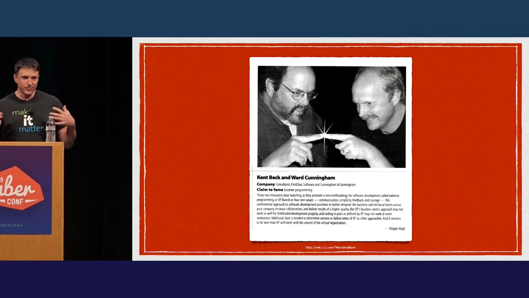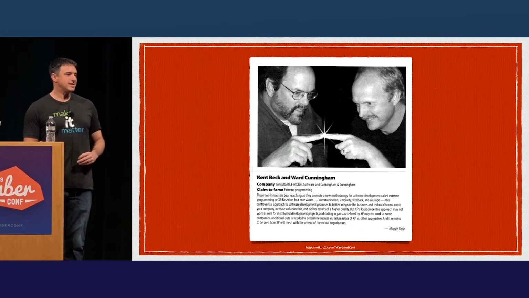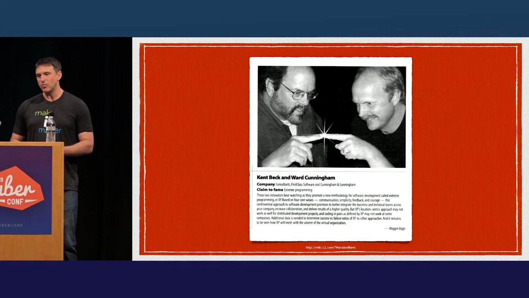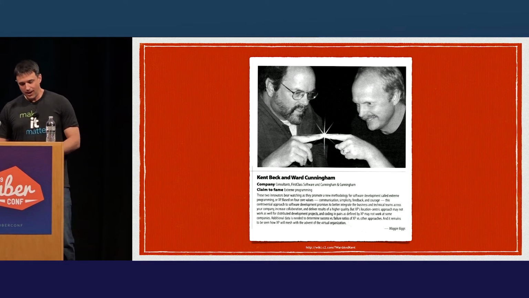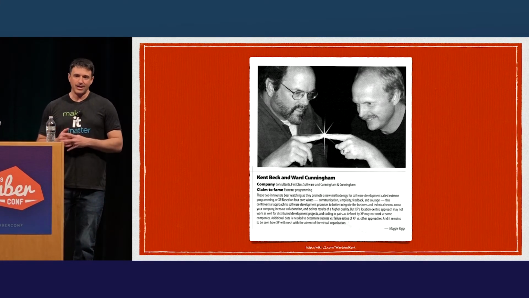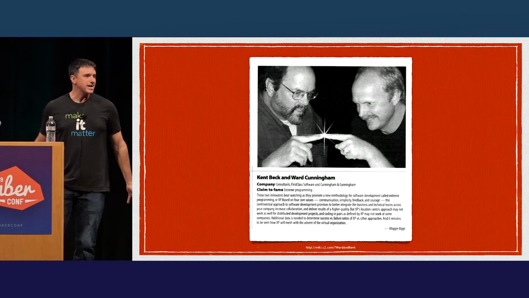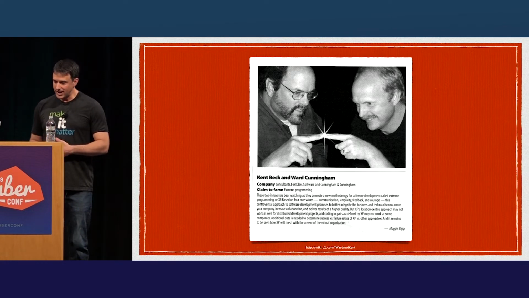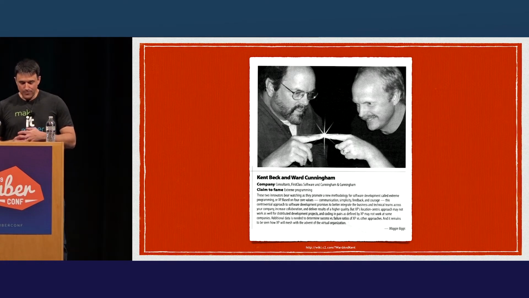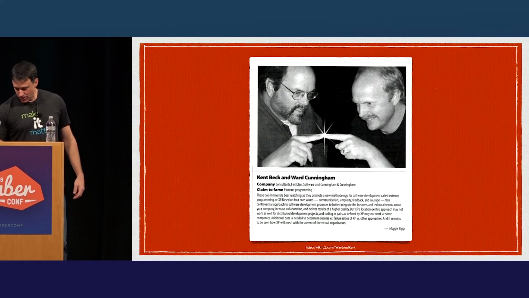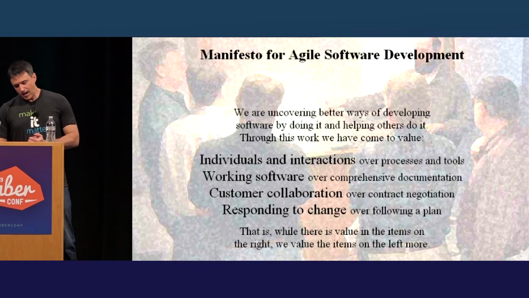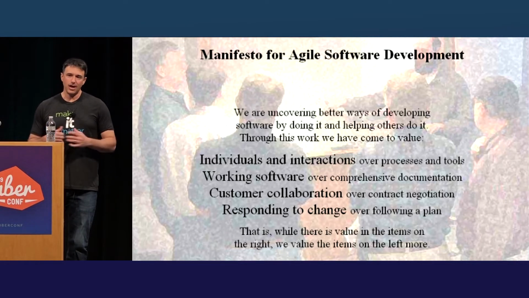It consisted of a variety of crazy practices like writing tests before you code and programming with a pair on one computer, checking in your code every single day and keeping your code working at all times. And it became wildly successful.